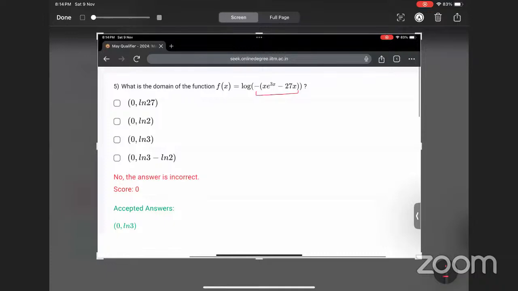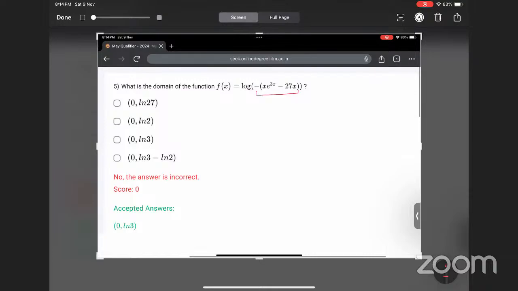When you have log of something, we know that the domain for the log function is 0 to infinity, right? Yes, ma'am, the domain of log x is 0 to infinity. But if we have some f(x) instead of x, that means log of some function of x, then we have to take the values for which it will give the result as greater than 0.